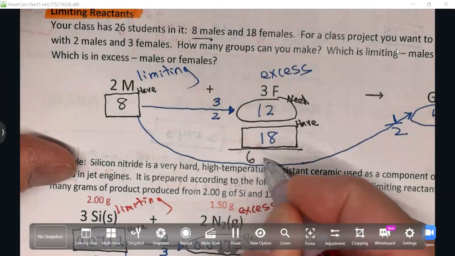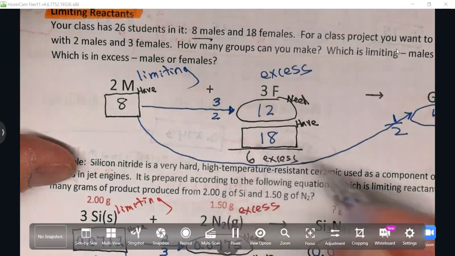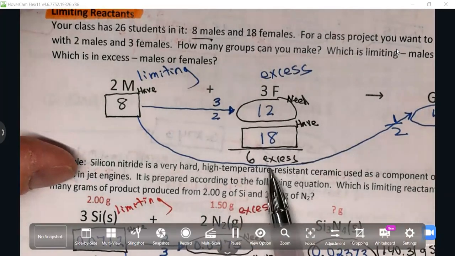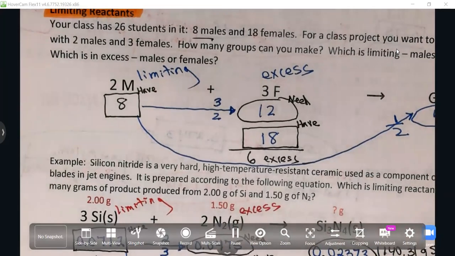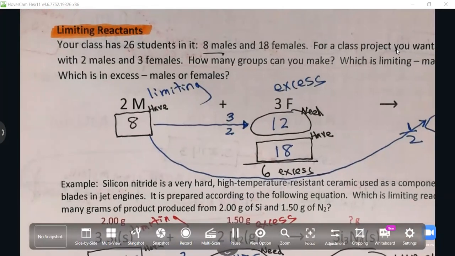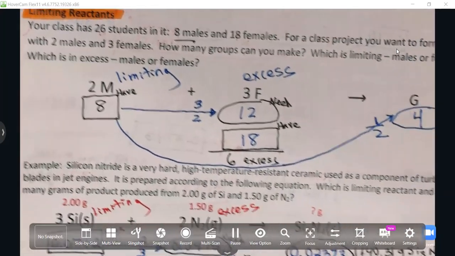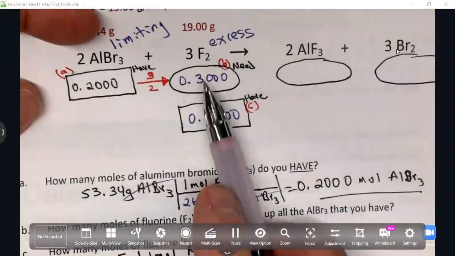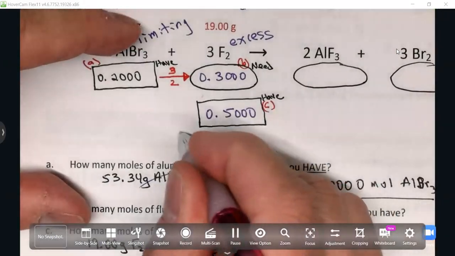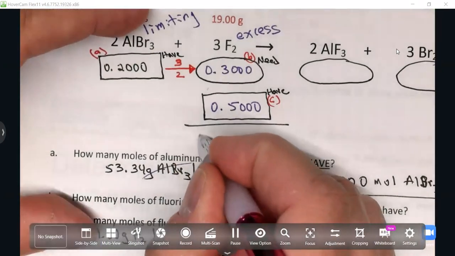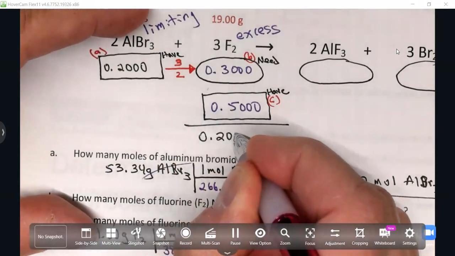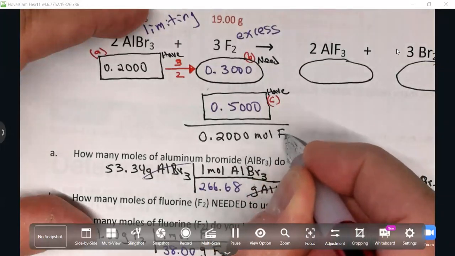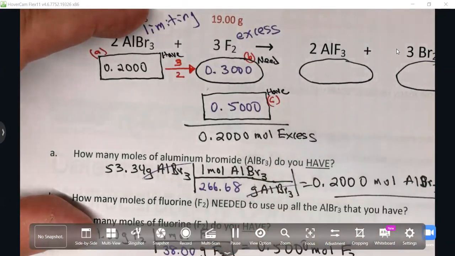We had 6 excess females from the previous page, right? 6 excess left over. It's the same thing in this problem. We have 0.5 moles, we only need 0.3. That means there is 0.2000 mole excess fluorine.